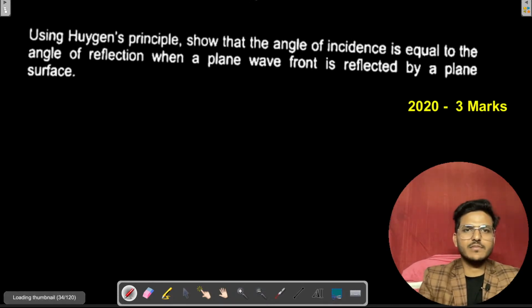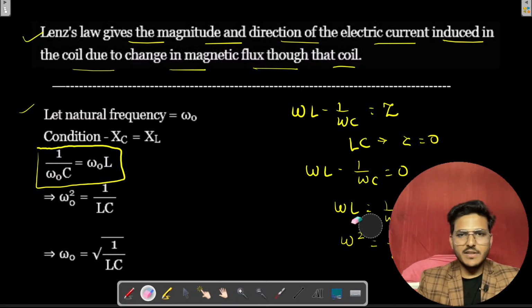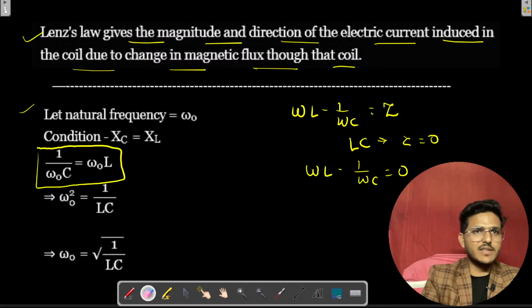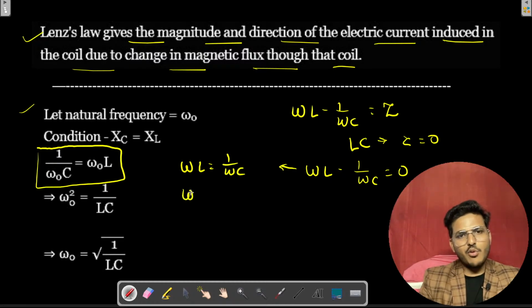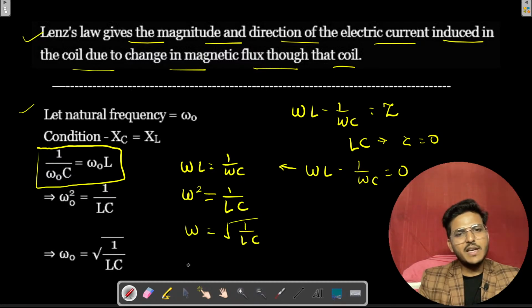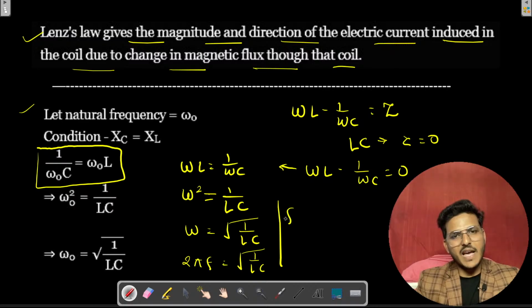I think it's not visible to you, so I will solve this again. From here, omega L equals 1 upon omega C. Now omega square equals 1 upon LC, and omega equals under root of 1 upon LC. Omega is 2 pi f. So the frequency f is 1 upon 2 pi under root of LC.